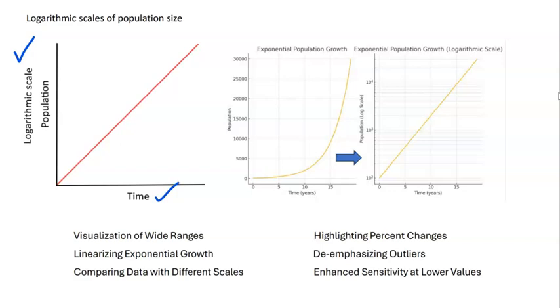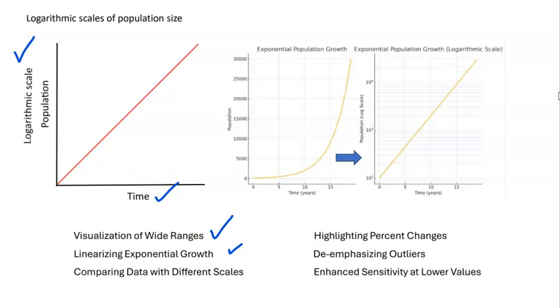The purpose of this is it allows us to more readily incorporate a wide range of values from small numbers to very, very large numbers. By linearizing the exponential growth, we can formulate equations to describe them more easily.